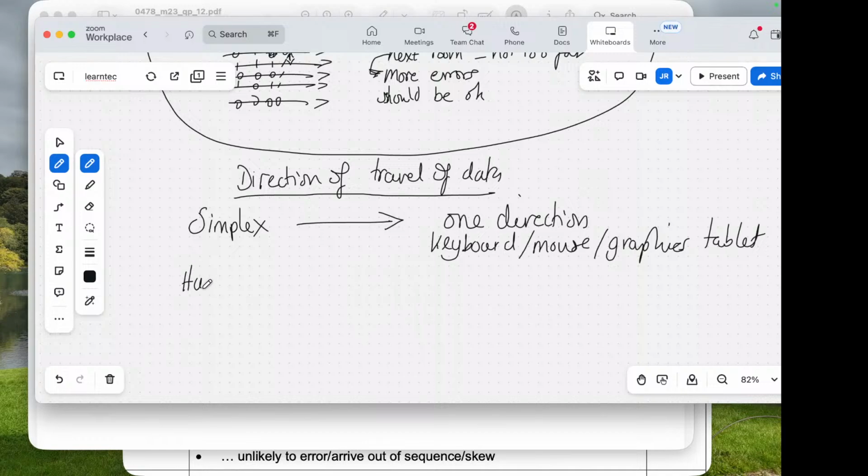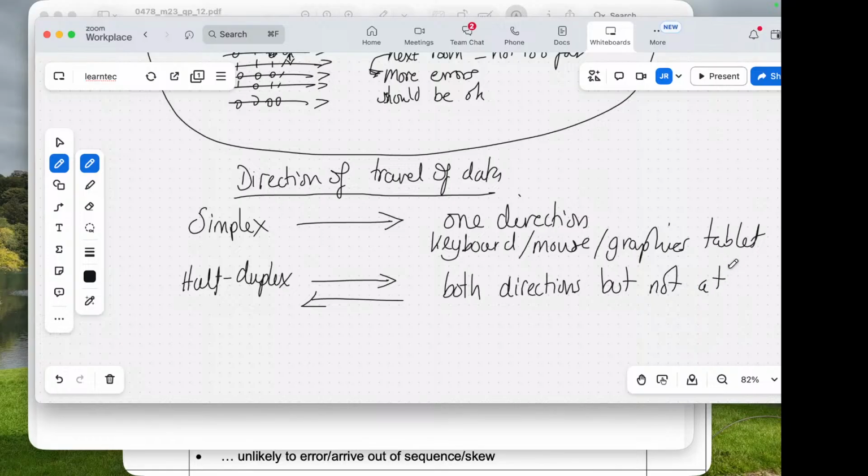Then we've got half duplex, and half duplex is both directions but not at the same time. So like a walkie-talkie is a good example.